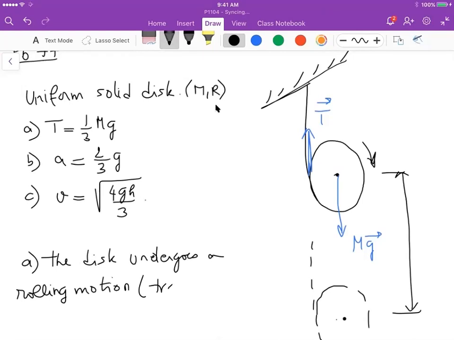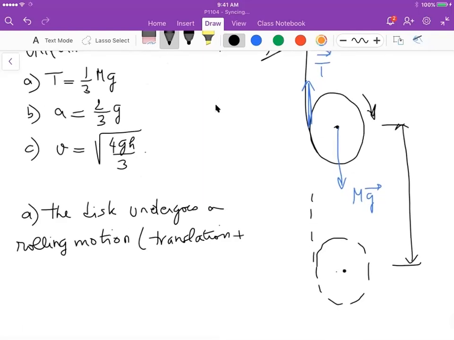That means it's a translation plus rotation. So this is why we are going to apply Newton's second law for both translation and for the rotation. So let's start with the translation first.